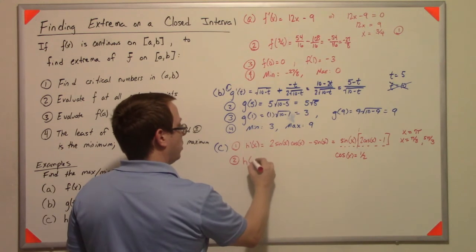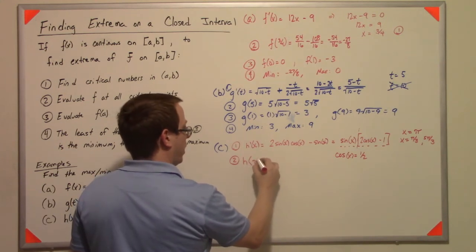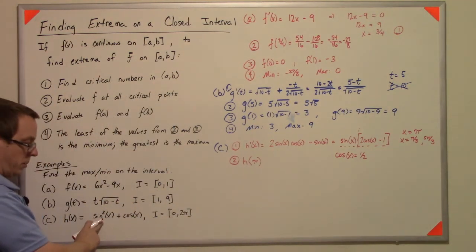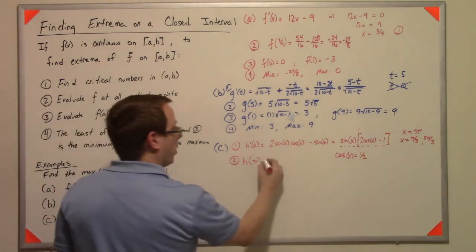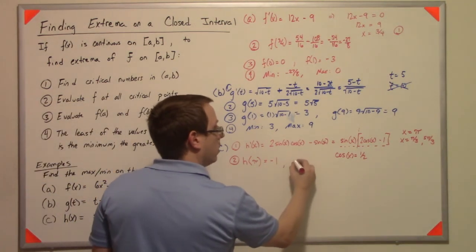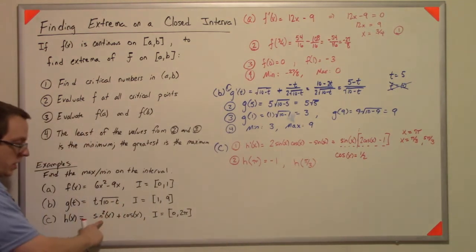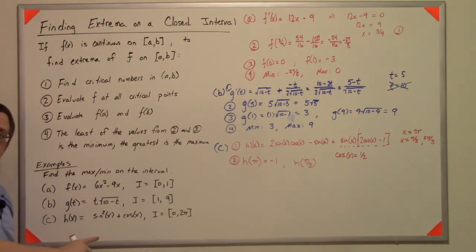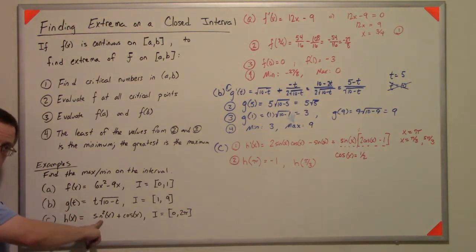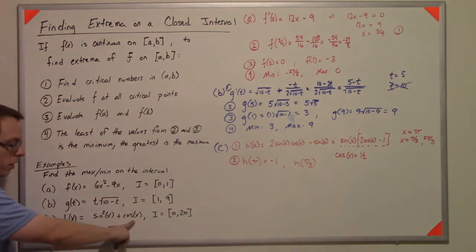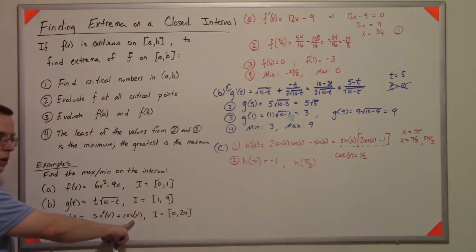So h of pi, if we plug in pi to this, that's going to be 0, that's negative 1. Now h of pi over 3. Sine of pi over 3 is square root of 3 over 2, so when you square that, it's 3/4. Cosine of pi over 3 is 1/2.